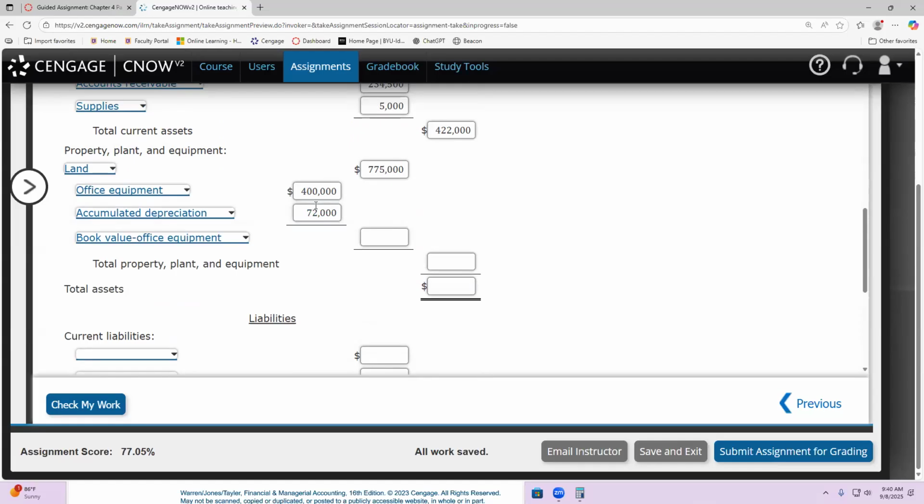So 400,000 minus 72,000 is going to give us what? 328. It'll be interesting when we do our check if they wanted us to do that as a negative. So our total property, plant, and equipment then is the land plus the book value of the office equipment, which should be what? 1,103,000.